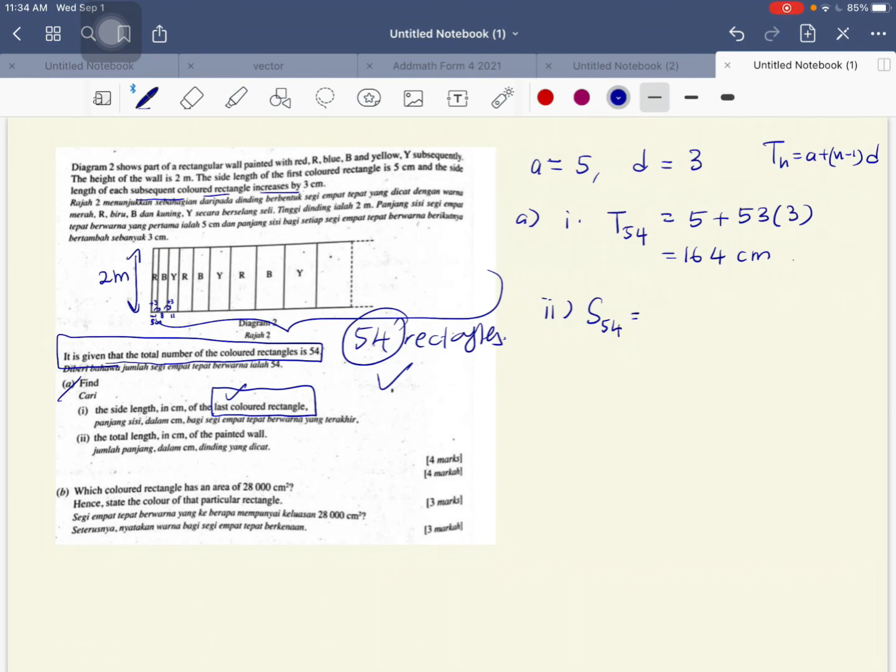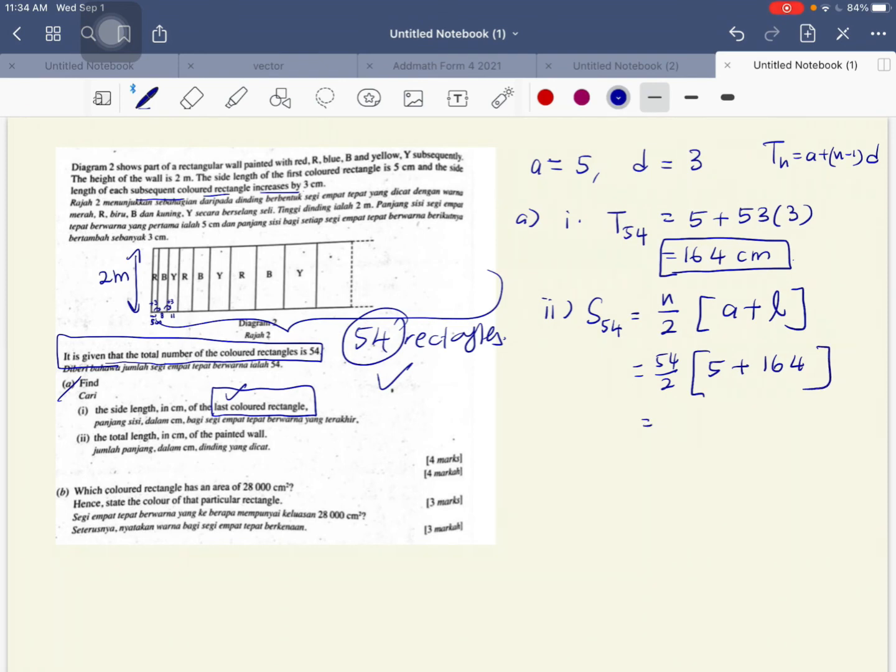So we have S54, which is equal to, the formula is n over 2 times (A plus L), because we know that our last side is L. Okay, so n is 54 over 2 times (A is 5 plus 164). If you calculate this, you'll get the answer to be 4563 cm. Okay, so we have solved question number 2.